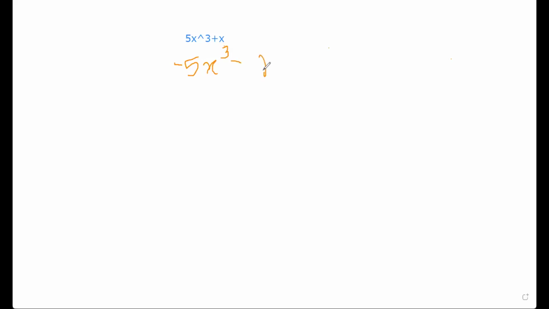Oh, I thought it was 5x to the power of 3 plus x. Oh no, okay. So this will be equal to minus of f of x, right?